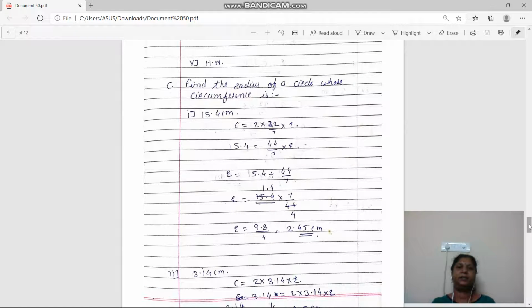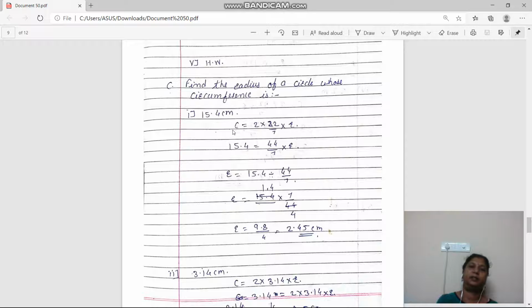Find the radius of a circle whose circumference is given. Now there is a little bit of difference in this example. Here circumference is given and you have to calculate the radius. Okay. So we will take the same formula, but let's see what is the change.